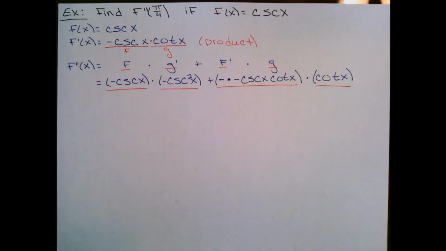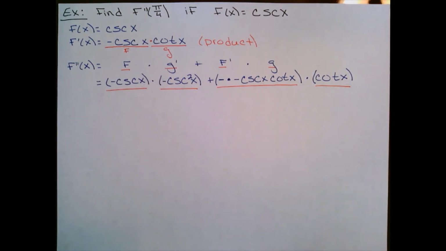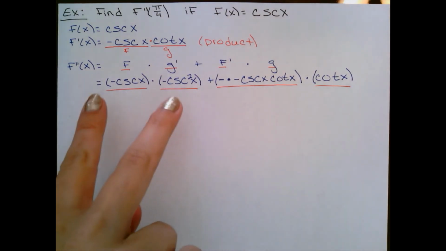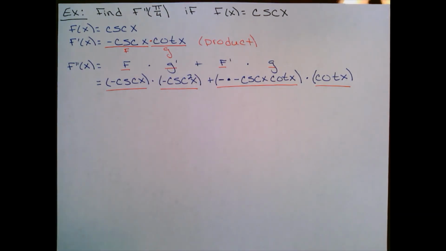Now, you have the option of plugging in the pi over 4 here, or you could clean it a little bit and then plug in your pi over 4. Both will get you the correct answer. I think if we clean it first, for example, this can become a positive cosecant cubed. It's going to make my work a lot easier, especially since we have these similar ones.